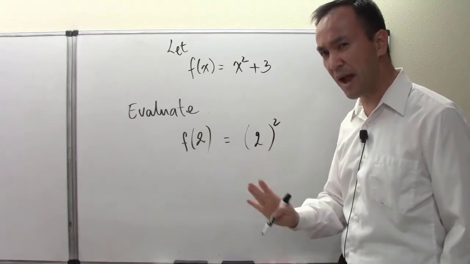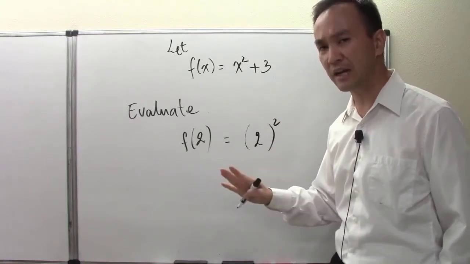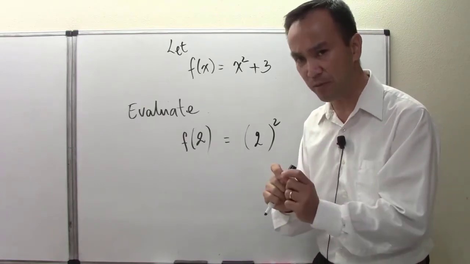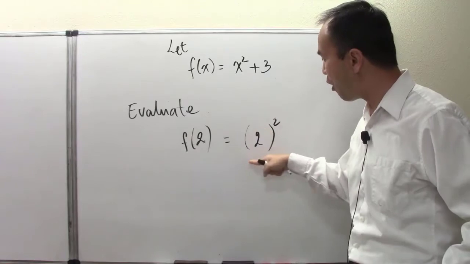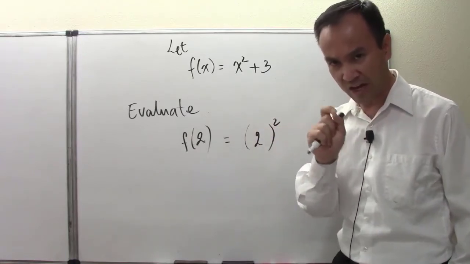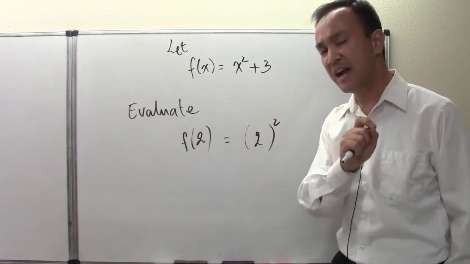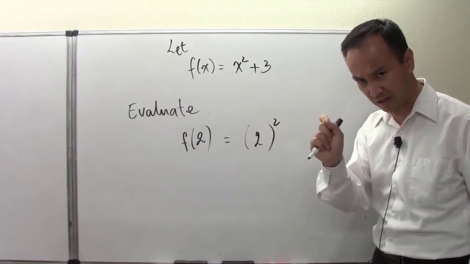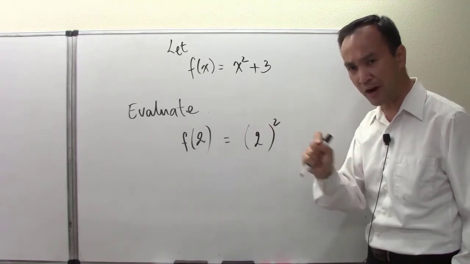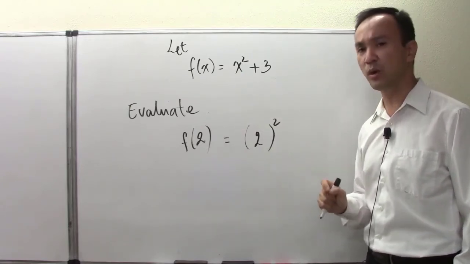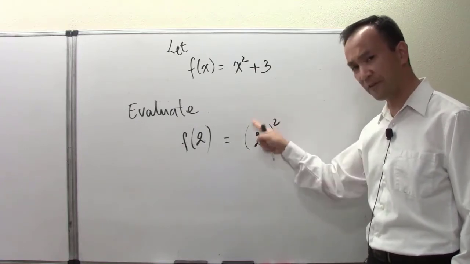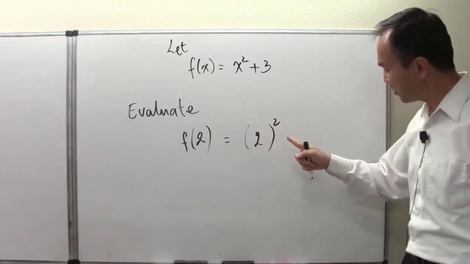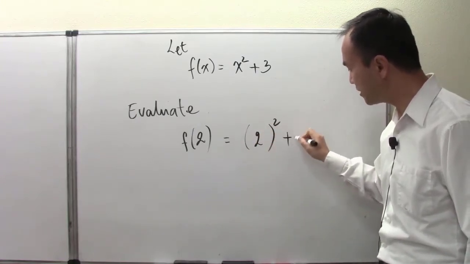Anytime I'm giving an input value to a function, it's a habit of mine, and I highly recommend having this habit, to put your input in parentheses because it keeps things clear. Anytime we're substituting an input value into an expression, keep that value, including its sign, in the parentheses. So here I have 2 squared plus 3.